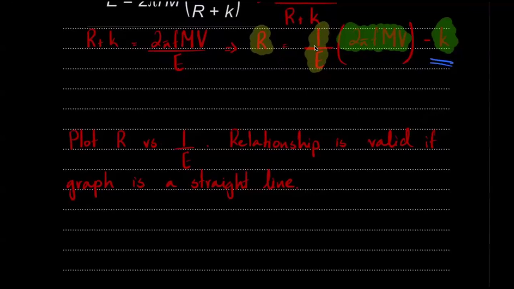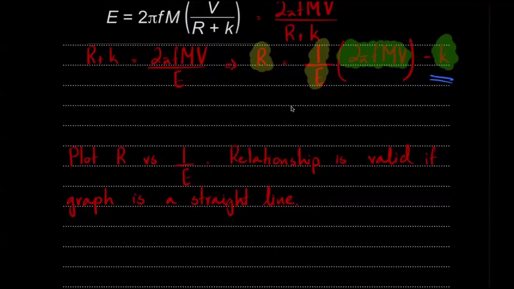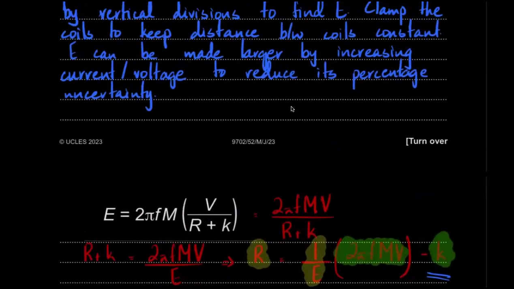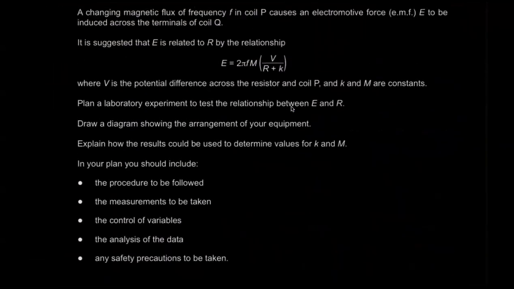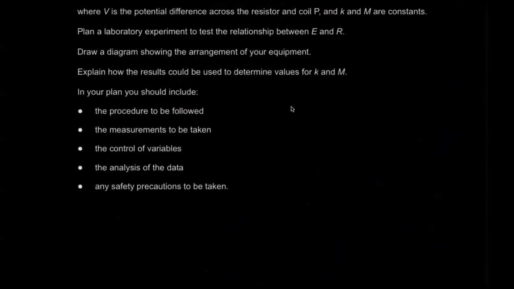Now, at this point, you should also understand that just saying what your gradient or what your y-intercept is equal to is not sufficient. The constants that you need to find must be made subjects of those equations. So for example, if I look at my gradient here, the gradient is 2 pi fmv. Just saying this is not good enough. You should make what you want the subject of this equation. If I remember correctly, m is the constant I wanted to find. So I should make m the subject here.